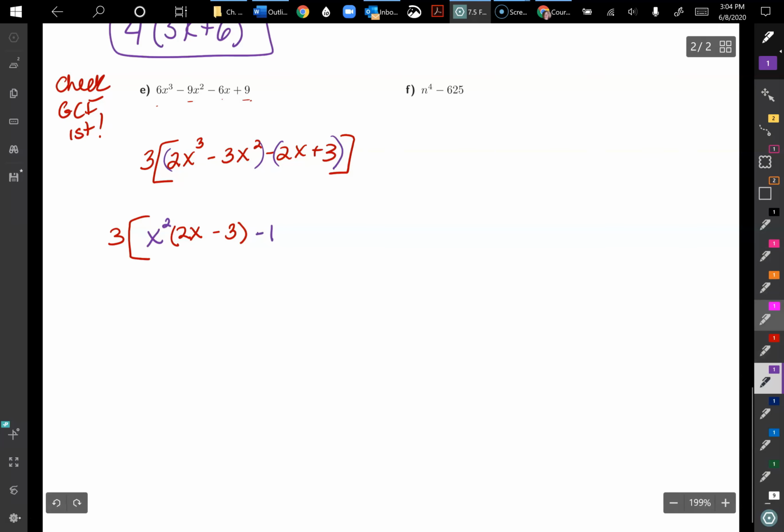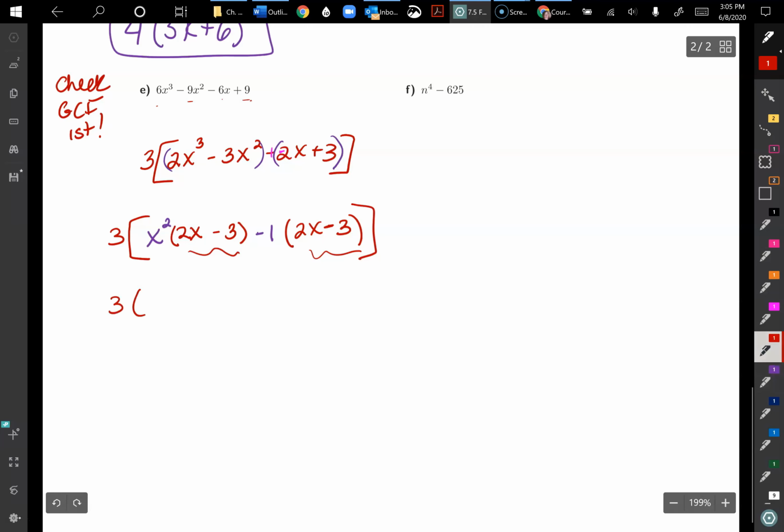So remember, this is kind of like a plus -2x. So I'm going to pull out the -1, and I would have left inside there 2x minus 3, because -1 times -3 would give me the positive 3 back. Now this is my GCF, the 2x minus 3.